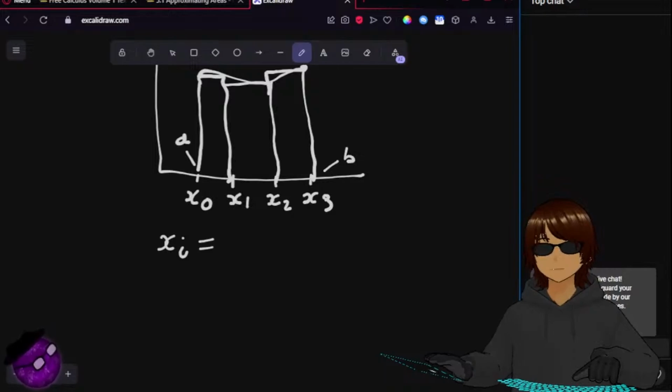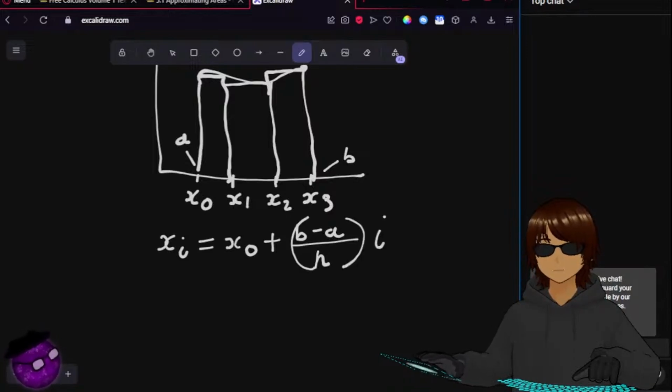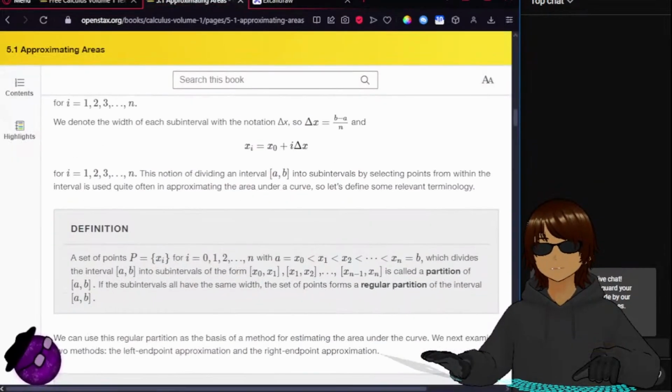So x0 plus delta x, which is b minus a over n. So this plus the interval gives x1, plus 2 intervals gives x2, plus 3 intervals gives x3. So this is i, i times this means how many intervals we are going ahead.